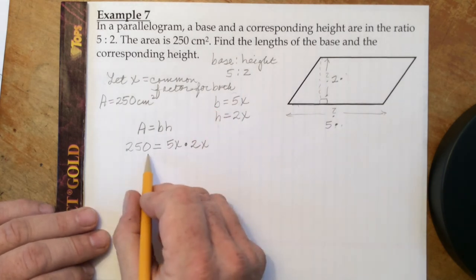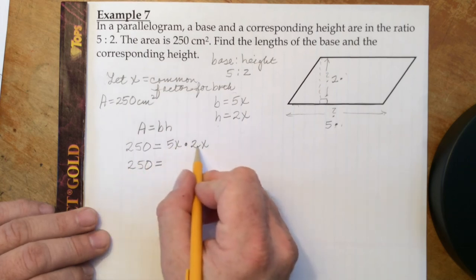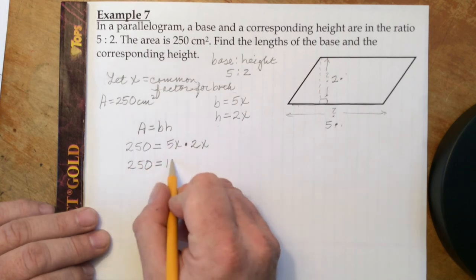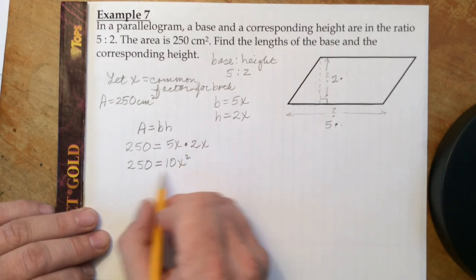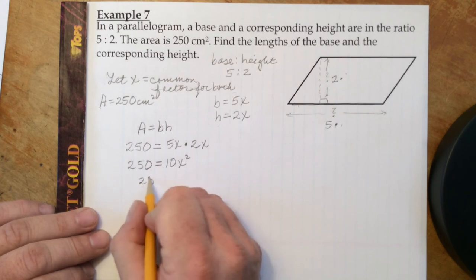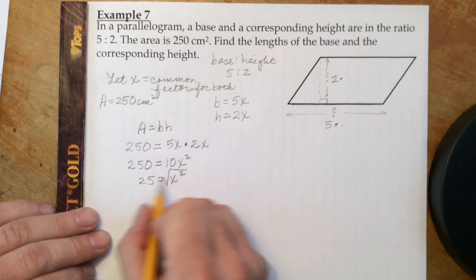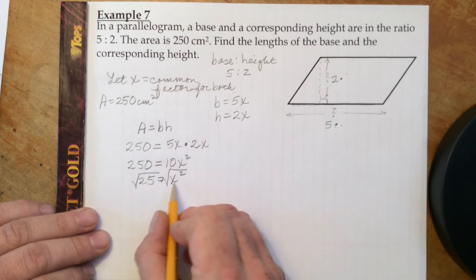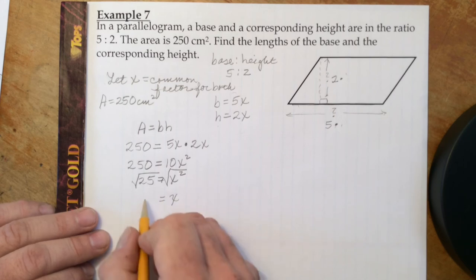So solving this equation, we have 250 equals 5x times 2x, which is 10x squared. Divide both sides by 10, and we get 25 equals x squared. To get rid of the square, we take the square root of both sides, and the square root of x squared is x, and the square root of 25 is plus or minus 5.